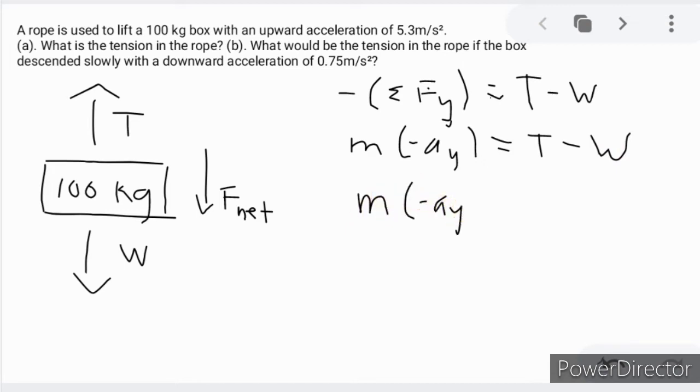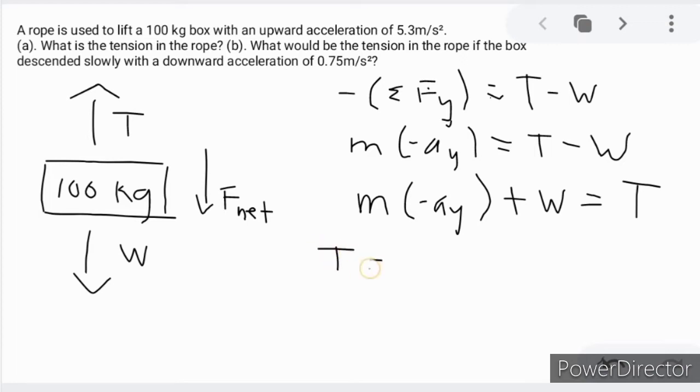So we have this equation now, which is mass times the negative acceleration along y plus w is equal to tension, and we all know that weight is equal to mass times gravity.